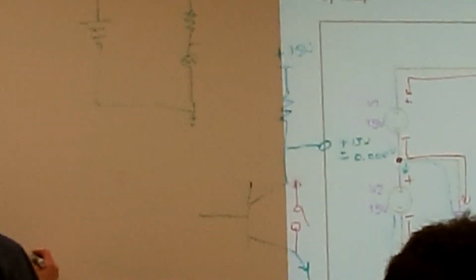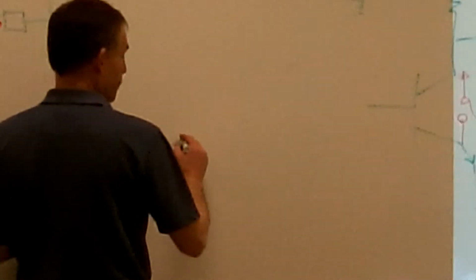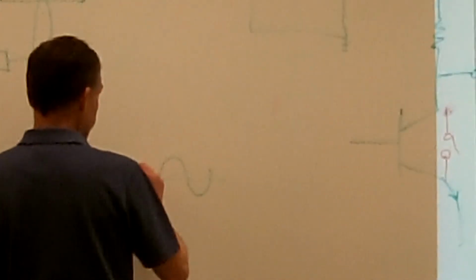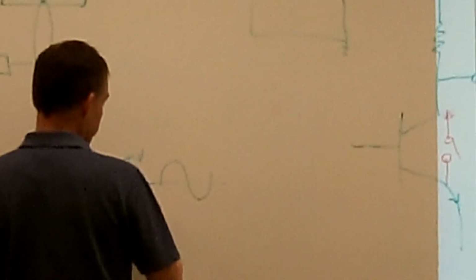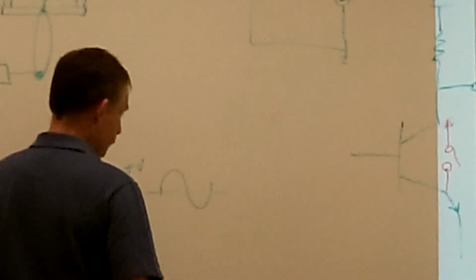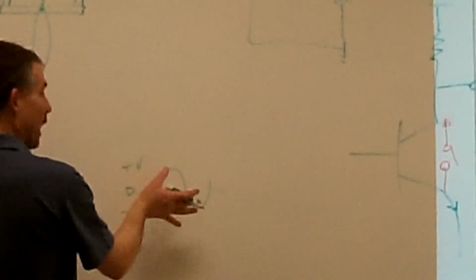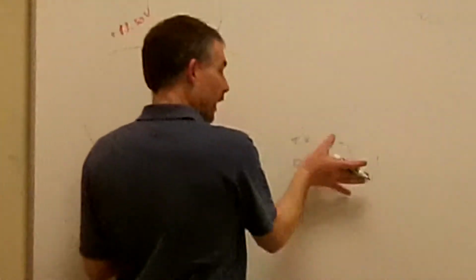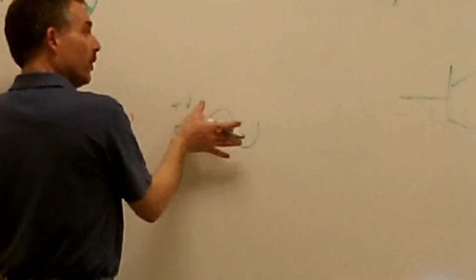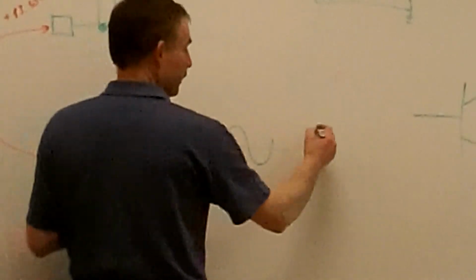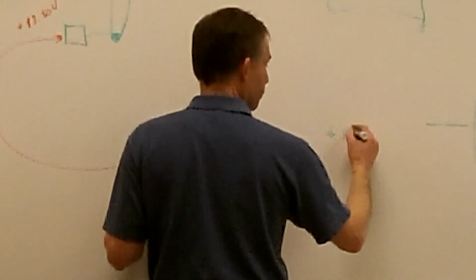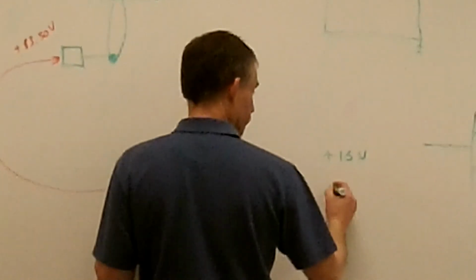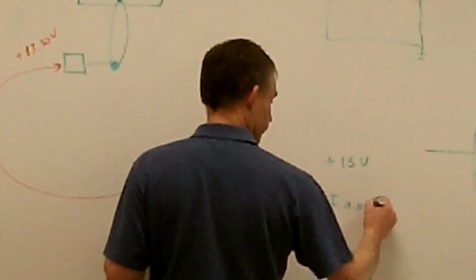So for example, if I was going into a common emitter amplifier, and my input signal was going both plus voltage and negative voltage, if I just put it into a transistor and tried amplifying the signal, the only signal I could get would be to go up to my VCC, my plus 15 volts, and then down to plus or minus 0 volts.